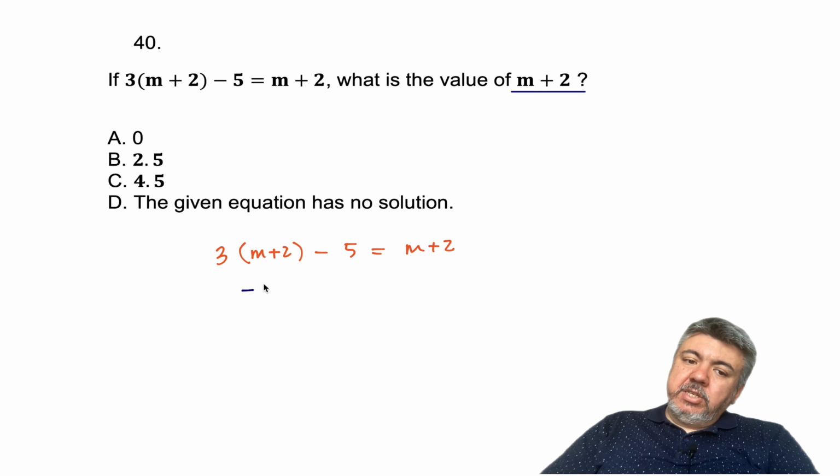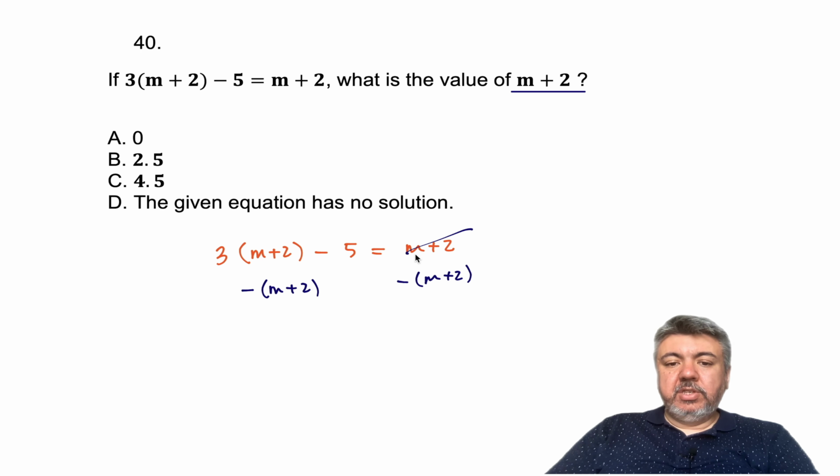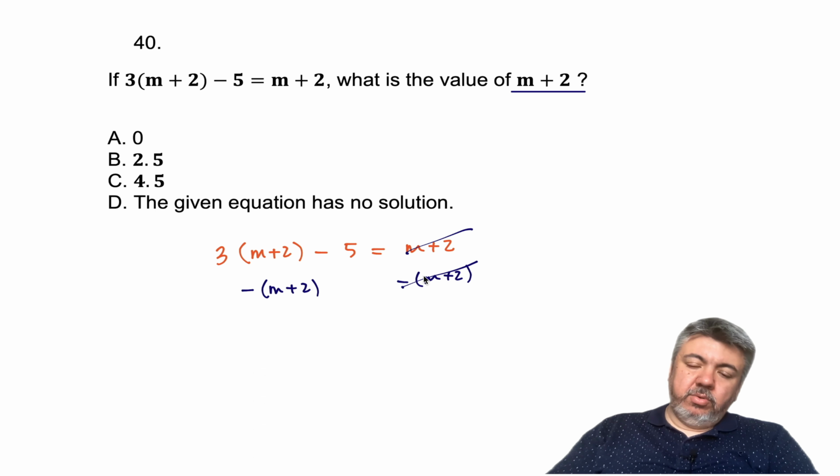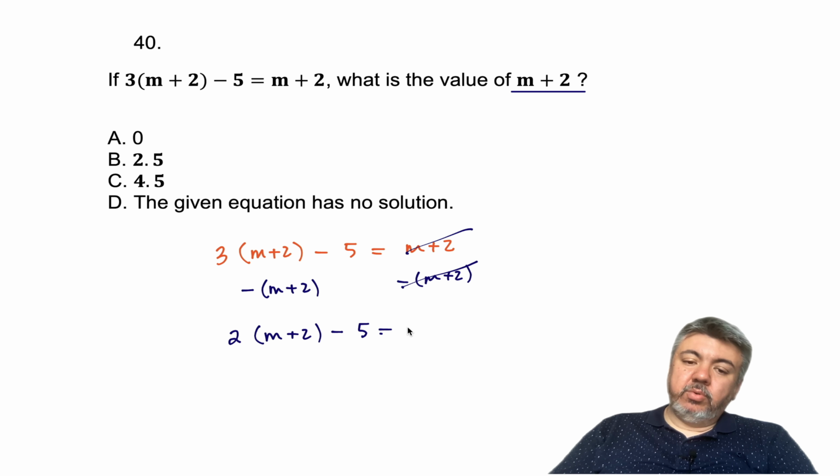Add minus (m plus 2) here and minus (m plus 2) here. This is going to cancel all the m plus 2's on the right. Here we have 2 m plus 2's now. There were 3 m plus 2's, now we have one less. 2(m plus 2) minus 5 equals 0 on the right.